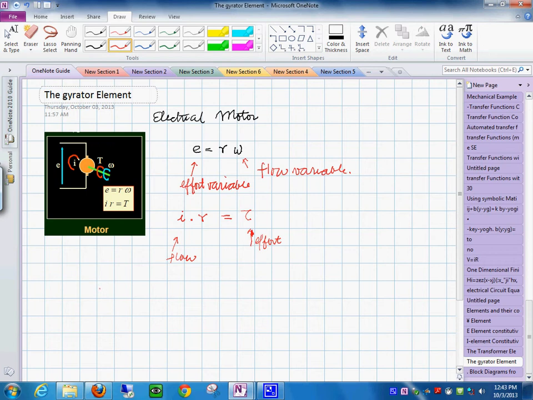So in this situation, you are coming in and then a variable gets transformed in here with the motor constant, in the case of the effort or in the case of the flow.